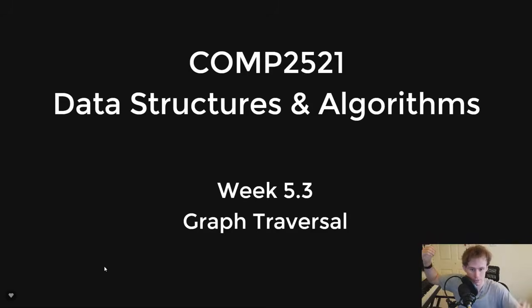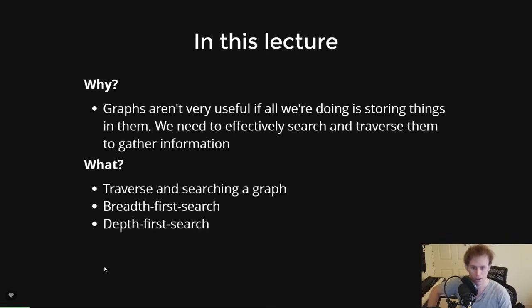You make them to search them often, which is what I've just said here. I always start this lecture with what we're going to cover. The few things we're going to talk about are what it means to actually traverse through a graph. And then we're going to look at two key methods of traversal, which are called Breadth-First Search and Depth-First Search. And then we're going to expand that knowledge a little bit more next week. Well, week 7.